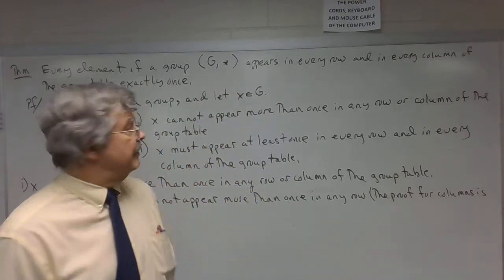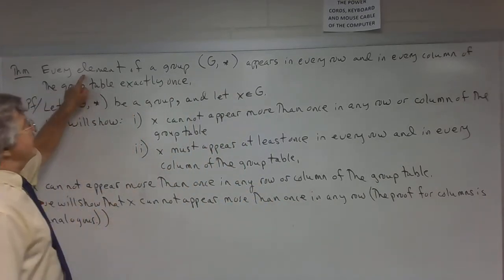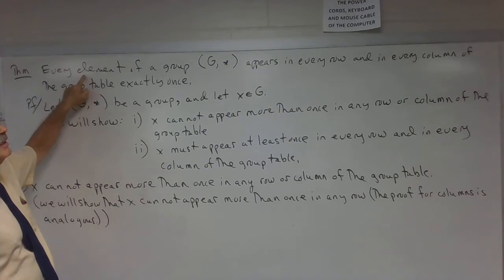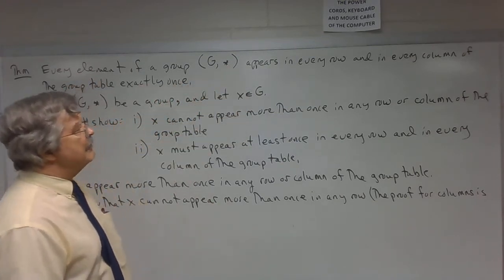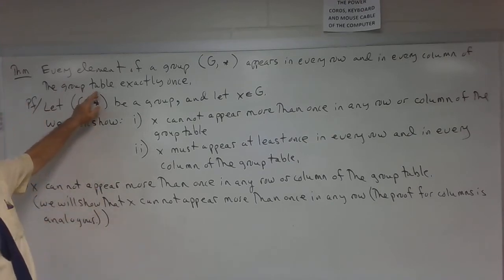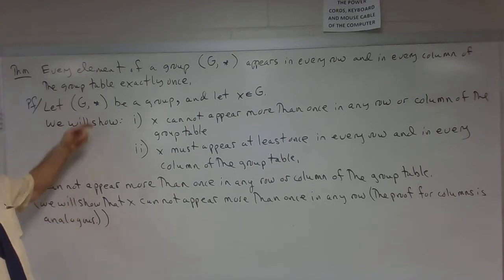Okay, here's our theorem. Every element of a group G star appears in every row and in every column of the group table exactly once. So here's our proof.